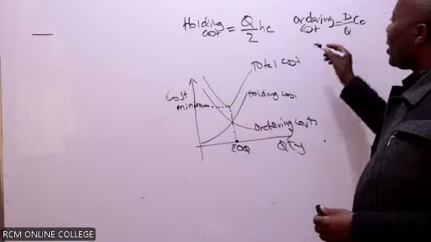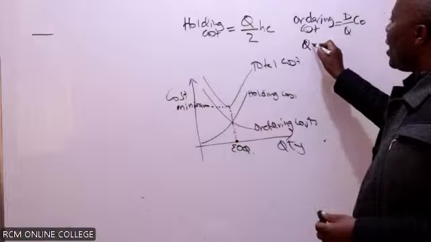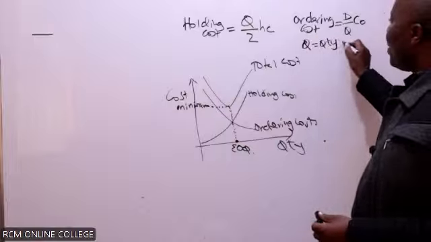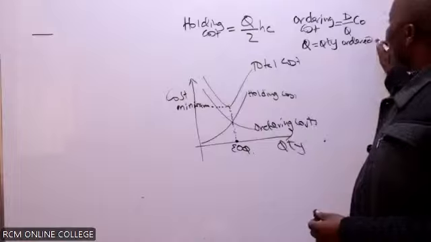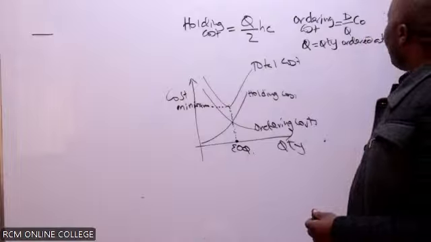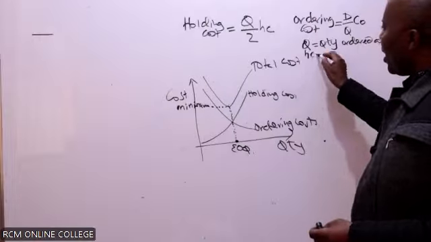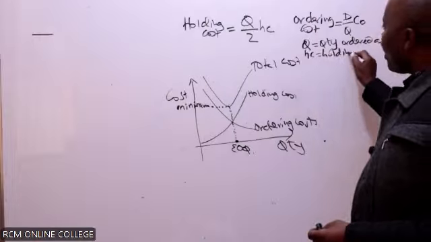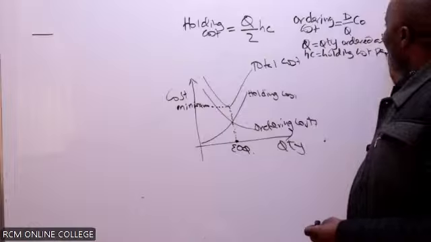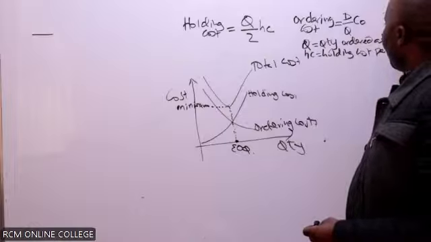Remember that Q is the quantity ordered at a time. HC is holding cost per unit per year.